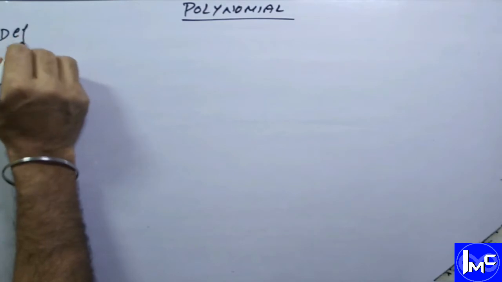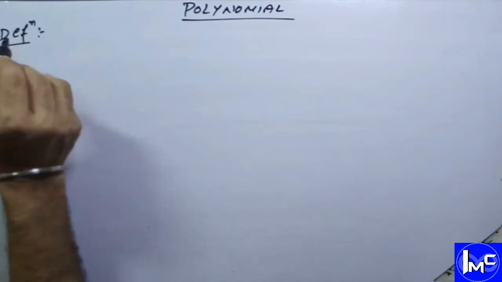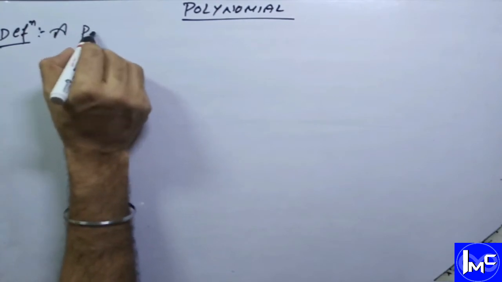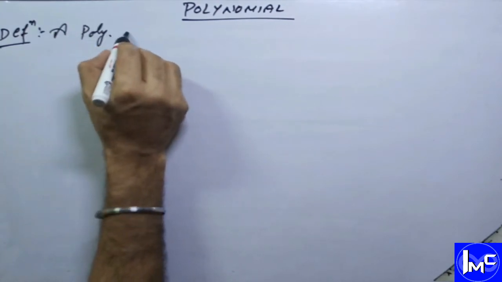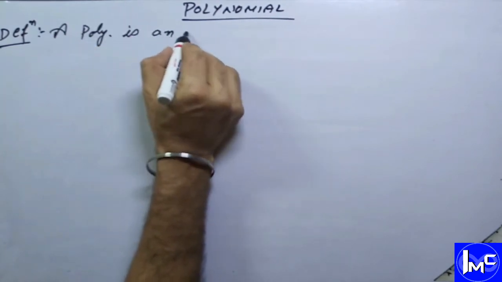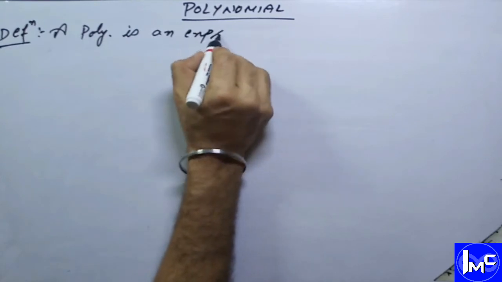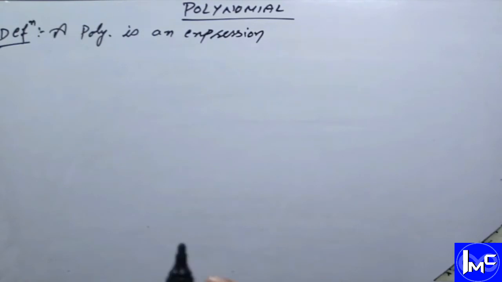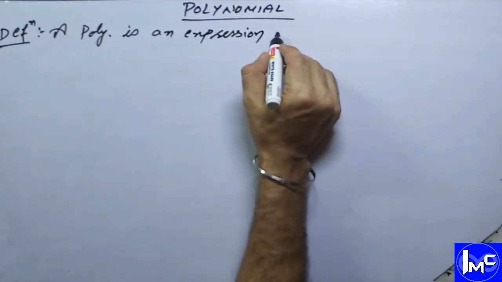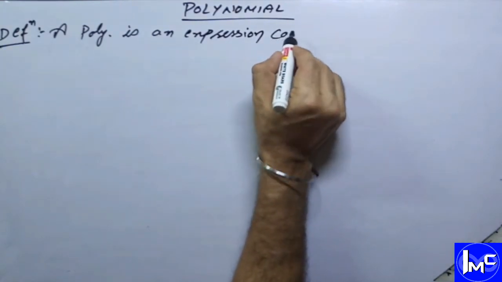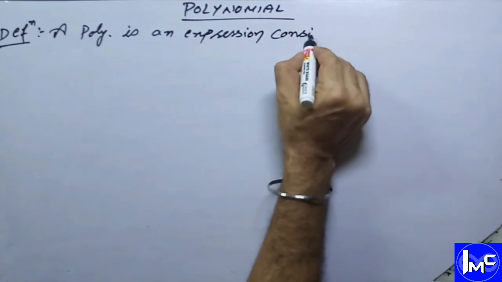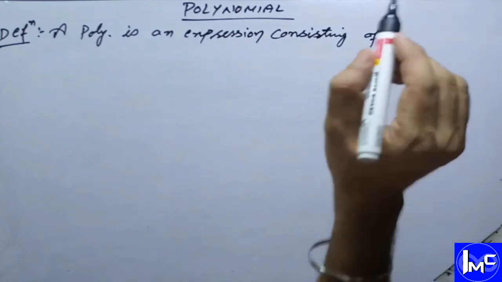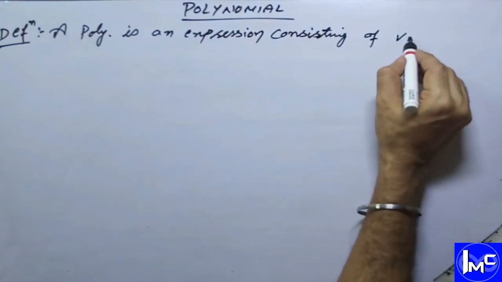What is a polynomial? A polynomial is an expression. What does it consist of? Consisting of variables.